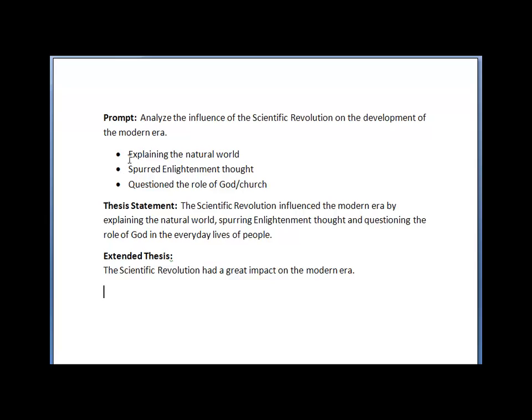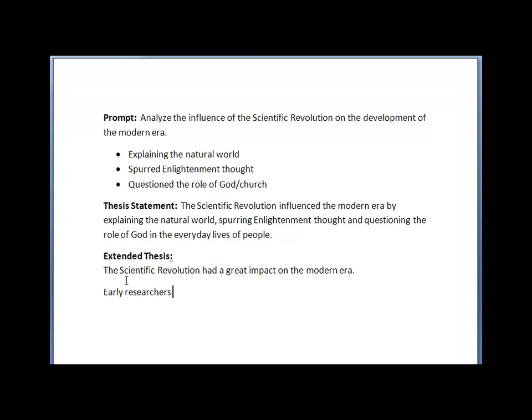Then I'm going to take the explaining the natural world topic. I've written a whole body paragraph on this, but if you notice in the thesis statement here, scientific revolution influenced the modern era by explaining the natural world, I've just made a very brief general statement on that. So I want to extrude that out and make a little bit more of a formalized statement around that. Maybe something like this, because I have some extra information that I want to include.